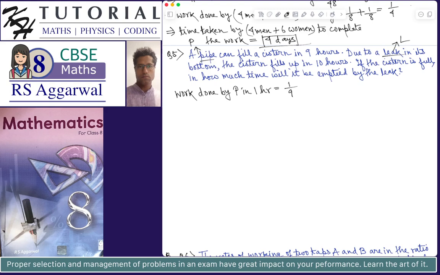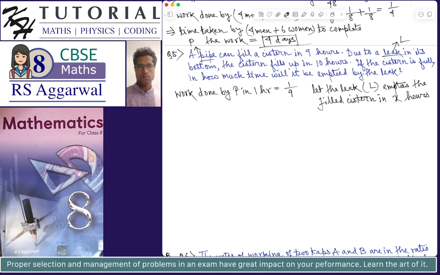Now we have to find how much time the leak will take to empty the full cistern. So we assume that the leak L empties the filled cistern in X hours.